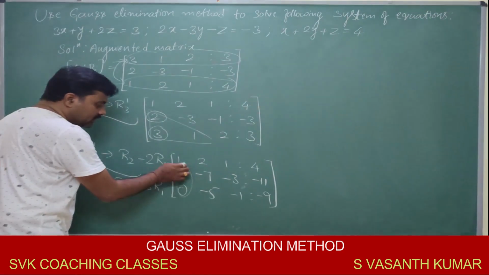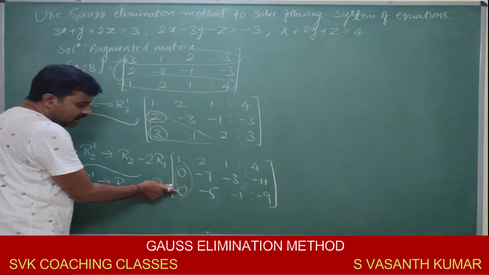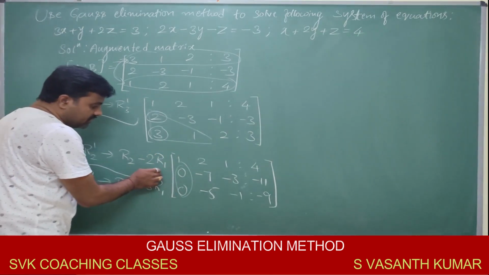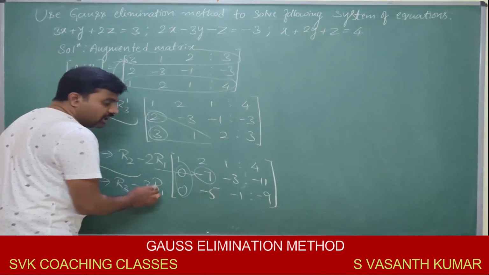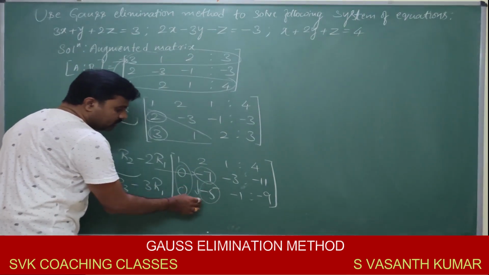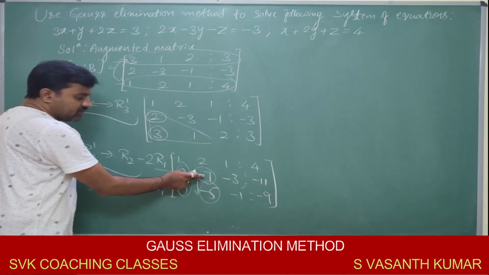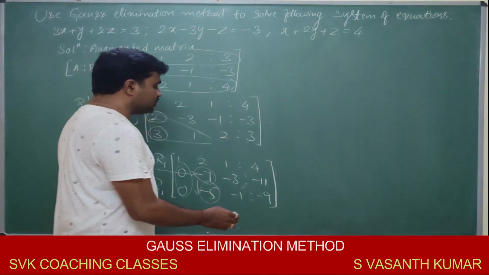Now we have made the first row leading entry, and below that leading entry I have made 0. Now consider the second row, second element should be non-zero. Make the term below that leading entry 0. By making use of the second row, I am going to make that value 0.